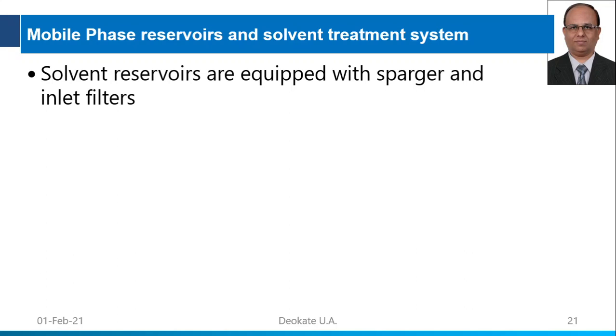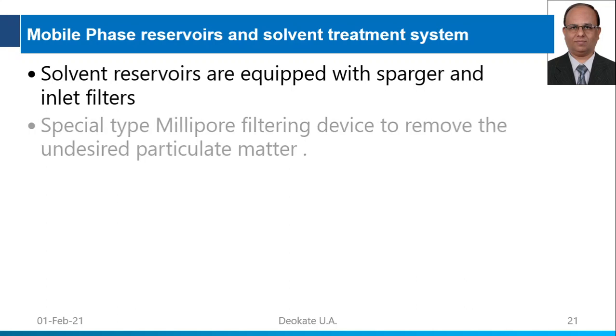The sparger and inlet filters are there to prevent the entry of any particulate matter into the tubing. Special types of Millipore filtering devices are required to remove undesired particulate matter.